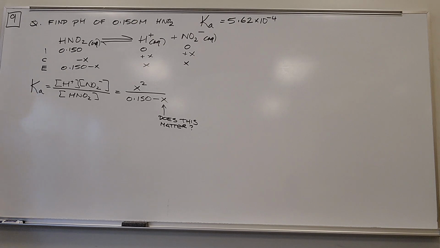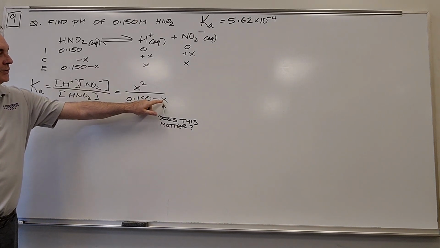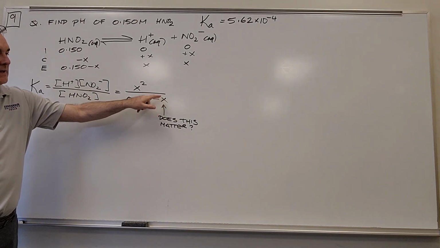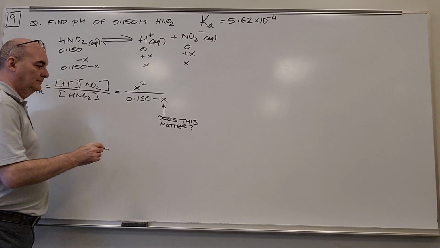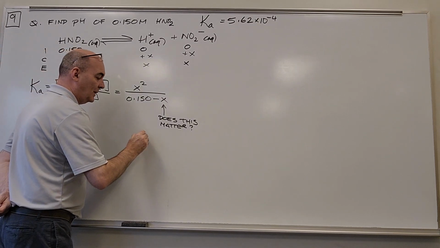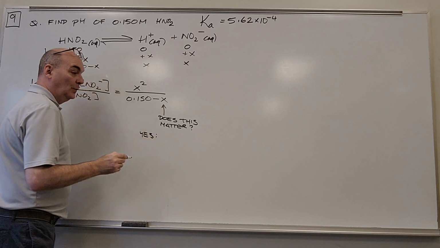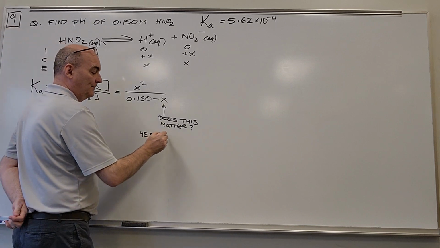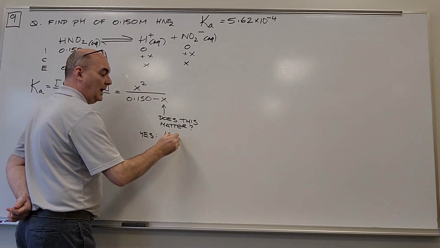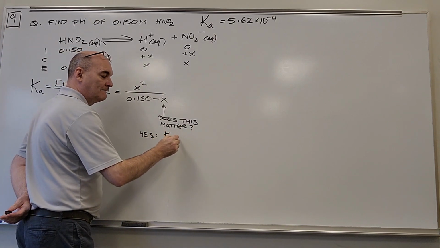Under what cases would it matter? If Ka is really big or the concentration of your acid's little. Okay. So the answer to the question, does it matter? We could either set that as a no or a yes. Let's do the yes. Yes, it would matter if Ka is what?